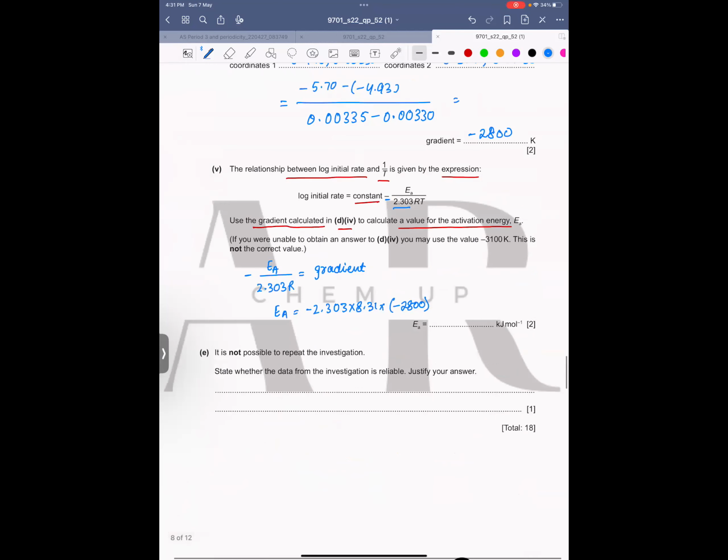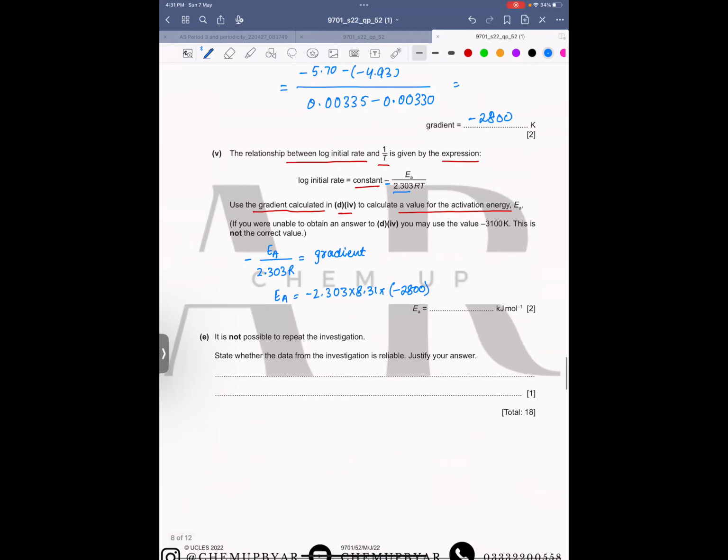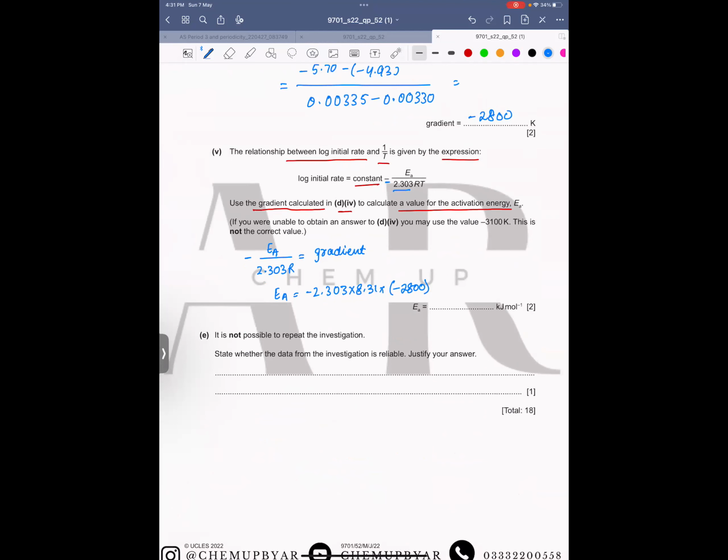Yes, can anybody solve and tell me the answer, please? Yes, answer please. 53,586. 53,586 joules per mole.